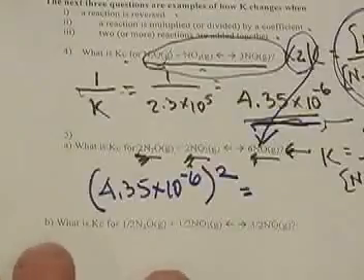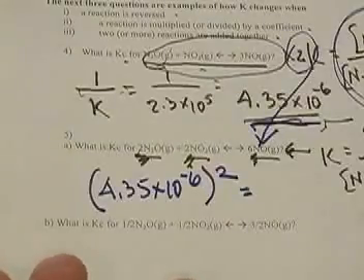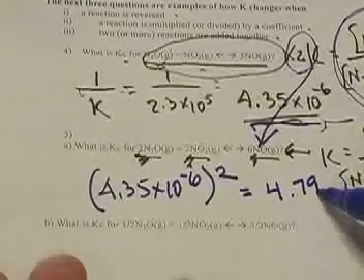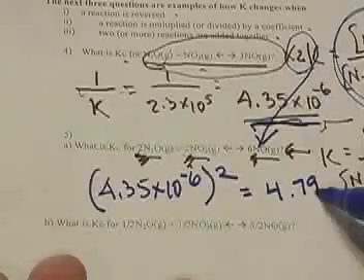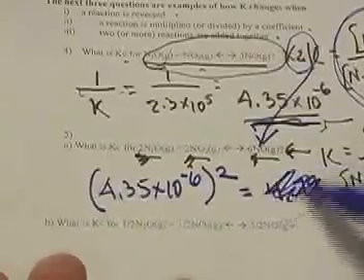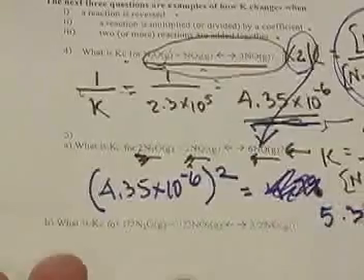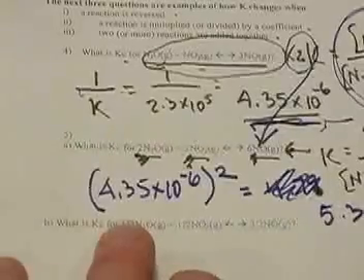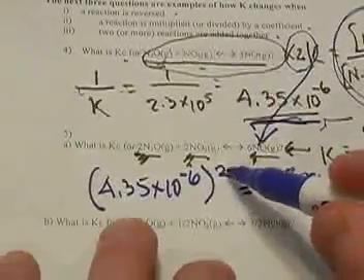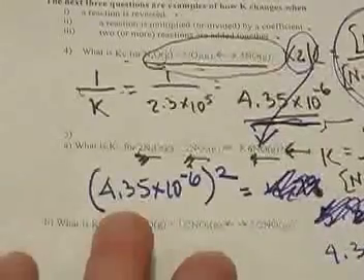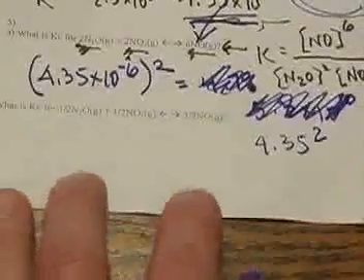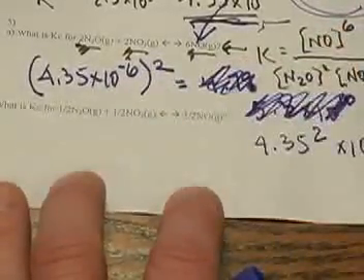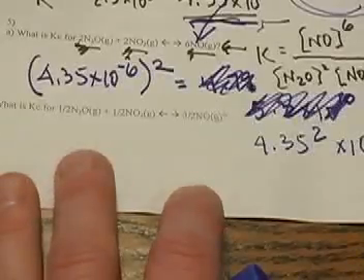And that turns out to be... whoops, sorry, wrong number. Oh, shoot, I think I did that one wrong. I think I've got the wrong answer on top there. But anyway, we take this, and it would be 4.35 squared, and then it would be times 10 to the negative 12th as well.